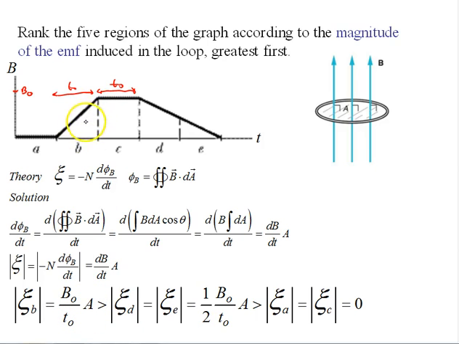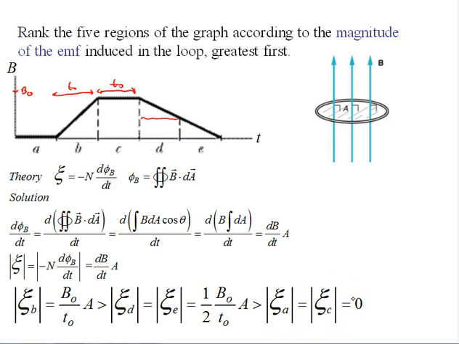If that's 1 times A, our EMF induced in period D and period C, the magnitude of that, well, that slope is just going to be half, since this is a straight line, then each of these slopes would be half of the slope in time period B. These two would be the same, so these EMFs are equal, and A and C are equal to 0.